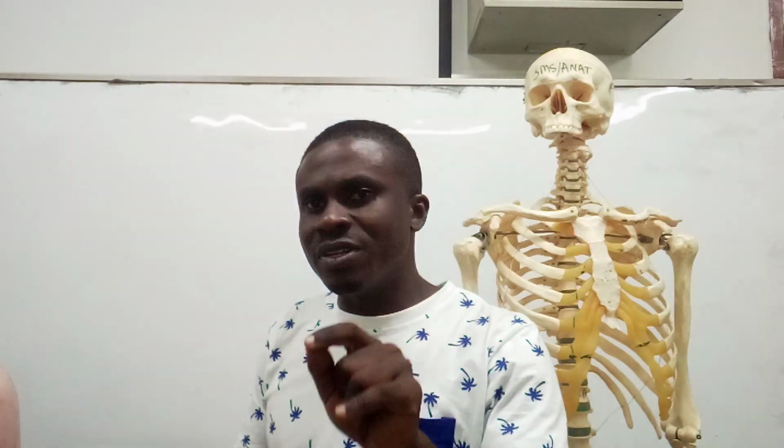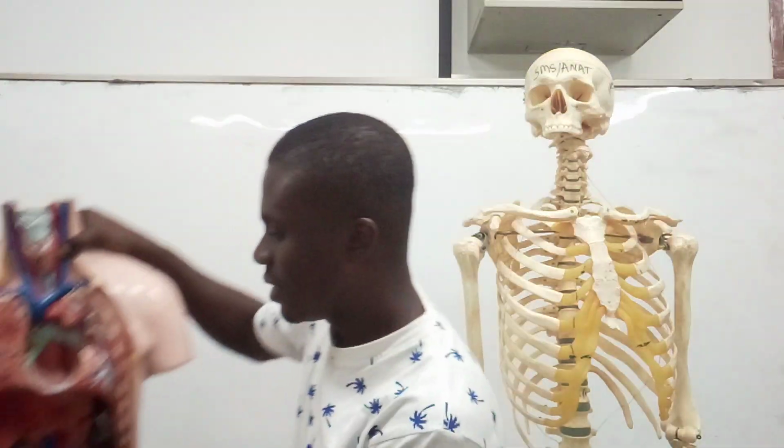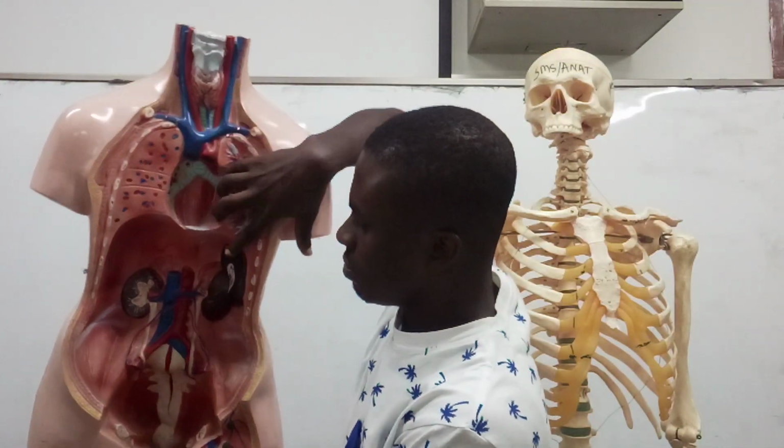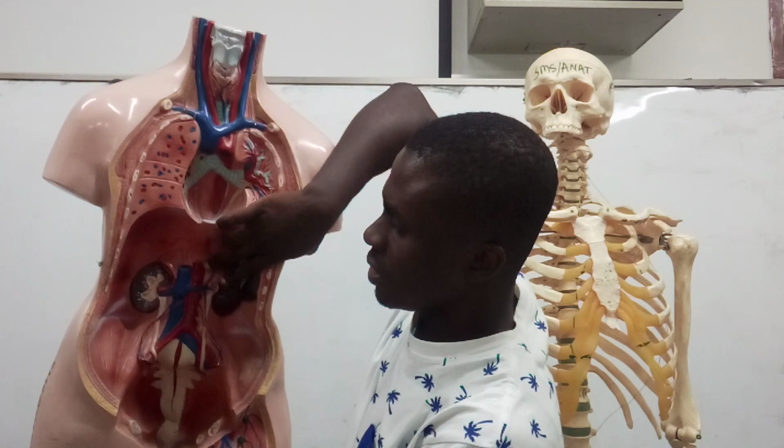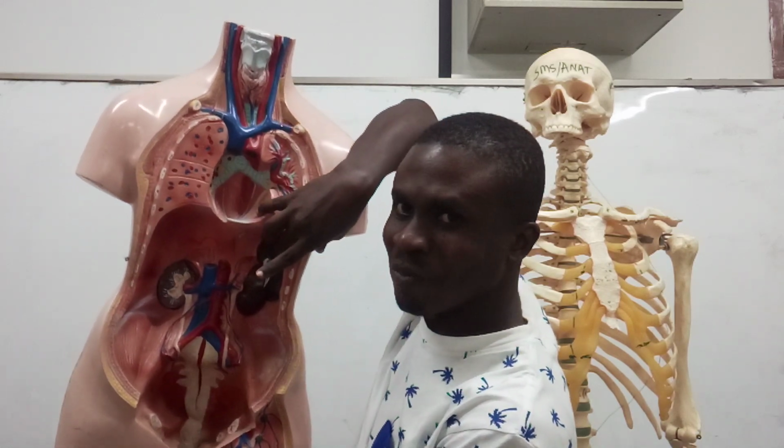Now, more importantly, with these unilateral and bilateral structures that we are looking at, sometimes we can describe a structure with respect to another one. So for instance, I can describe the spleen and the kidneys. I can say that the left kidney over here is on the same side as the spleen, because the spleen is also on the left side of the body.